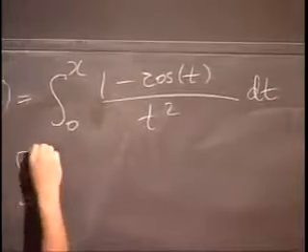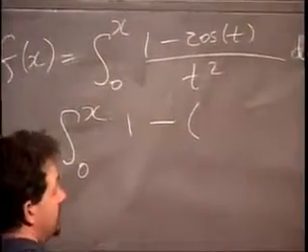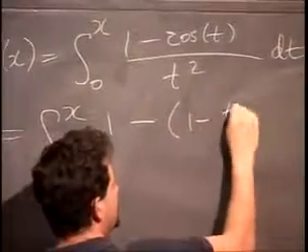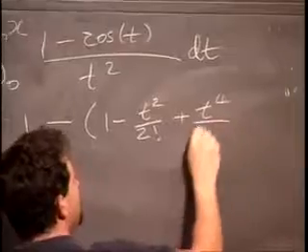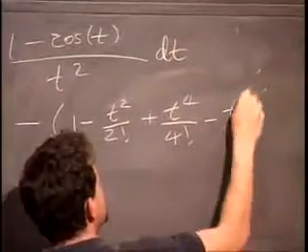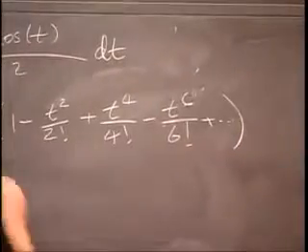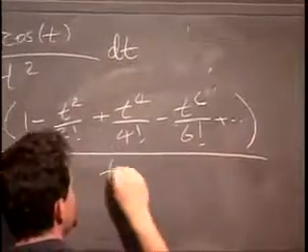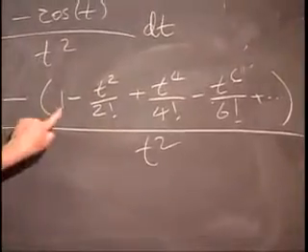So I get 1 minus, the series is 1 minus t squared over 2 factorial plus t to the 4th over 4 factorial minus t to the 6th over 6 factorial, and so on, over quantity t squared. The 1's cancel out.